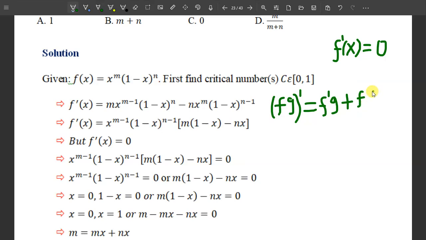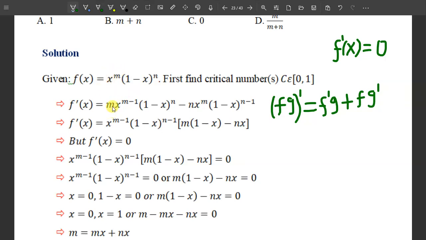That is how to differentiate the product of two functions. Now, suppose that x to the power of m is one function and 1 minus x to the power of n is another function. Then to differentiate the product of these two, what you have to do is first differentiate x to the power of m.